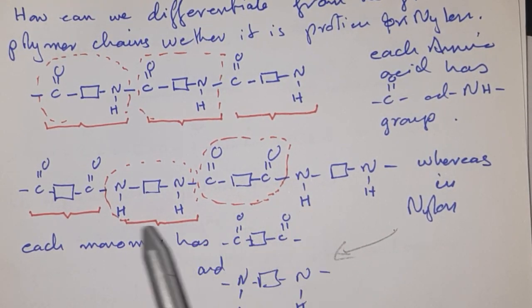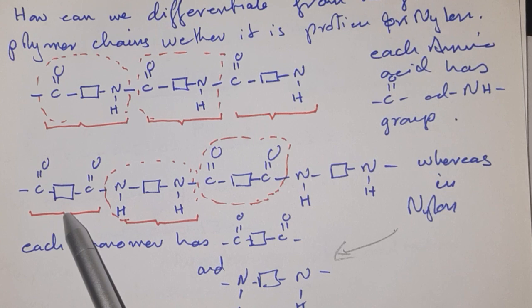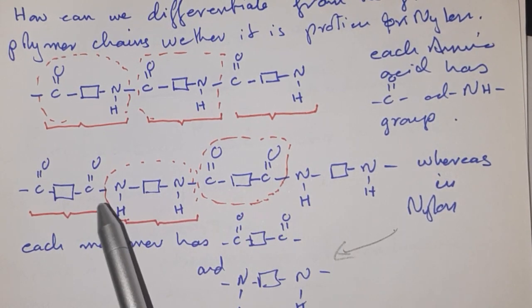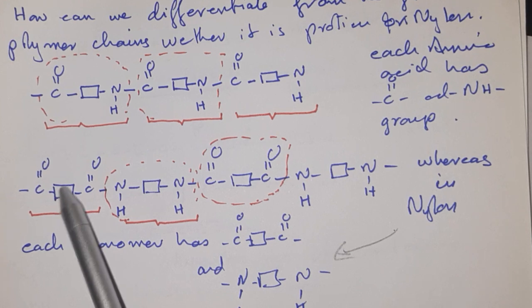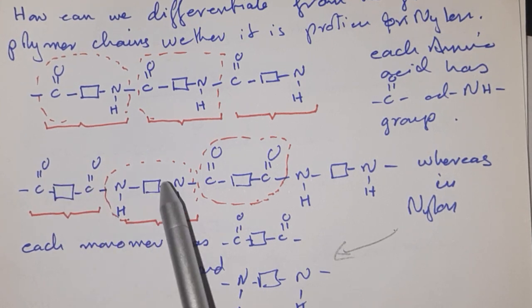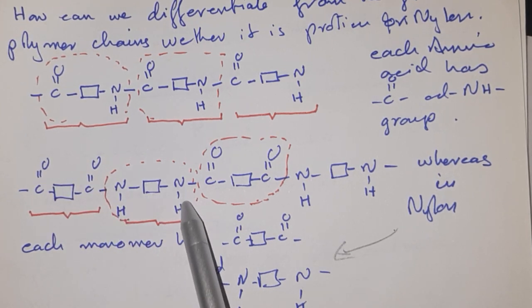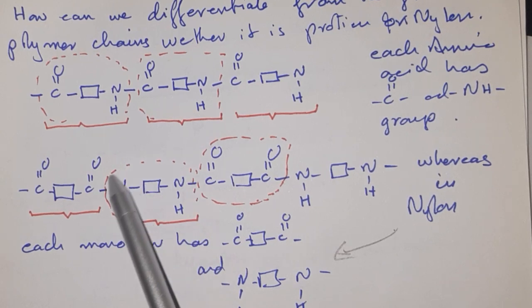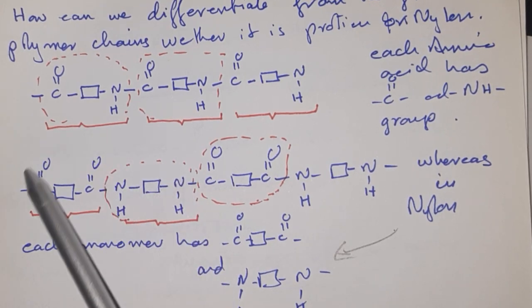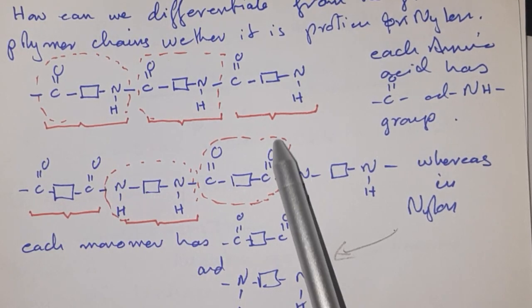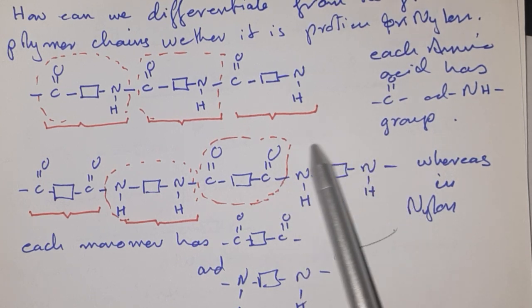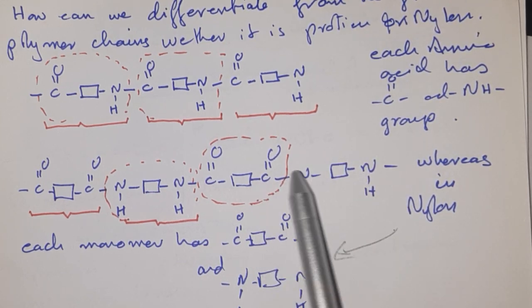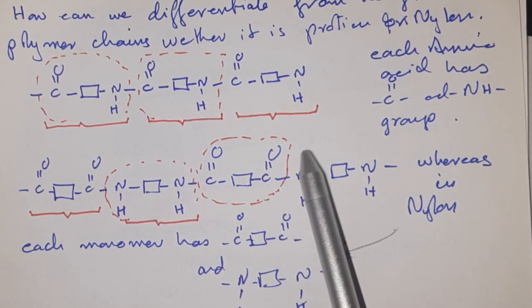Whereas in nylon we had dicarboxylic acid and diamine, and if you follow the pattern over here, you can see in this rectangle on both sides we have carboxyl, and in this on both sides we have NH. This means this was a diamine and this was a dicarboxylic acid. That is why we call it nylon.